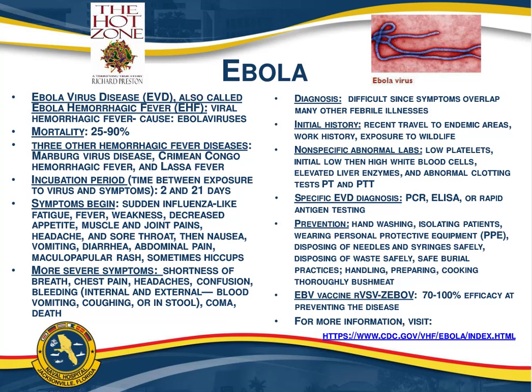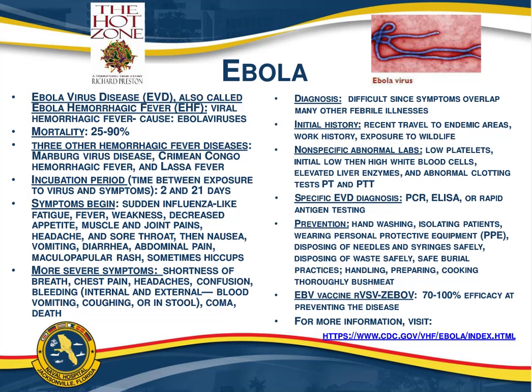So Ebola, we had Ebola in Africa, and it was fairly close. It was in adjacent countries, a few kilometers away. So I was in charge of the Ebola emergency response on base, and thank God we never had somebody on base with Ebola, but we were ready and we had a plan drawn up. And so mortality 25 to 90%.